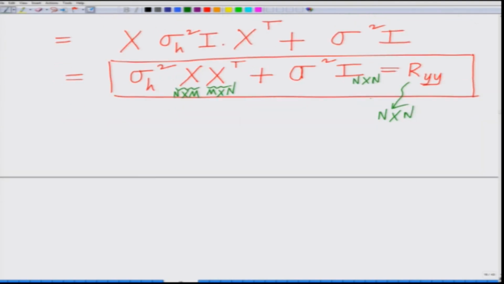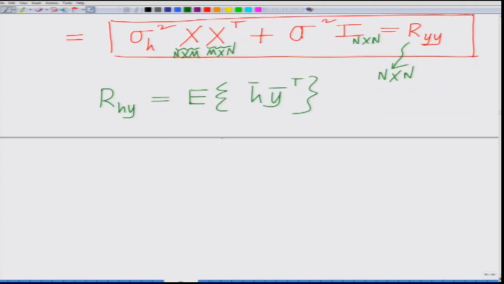Now let us look at R H y, the cross covariance matrix of H comma y. R H y is the expected value of H bar y bar transpose, correct.